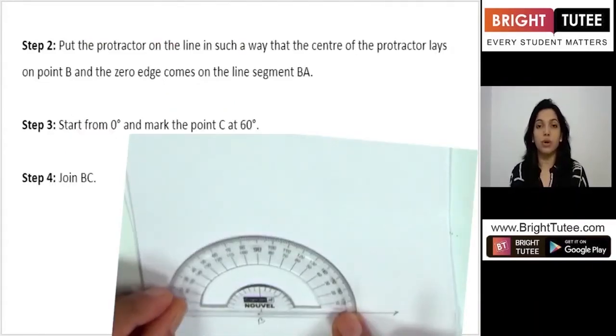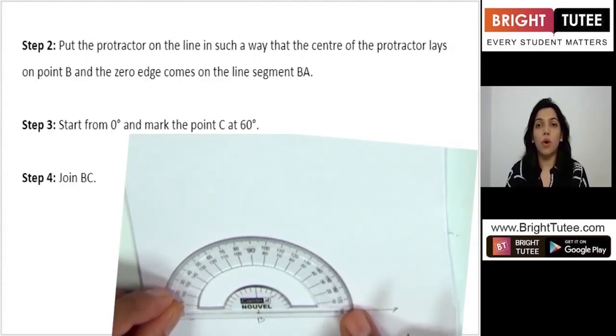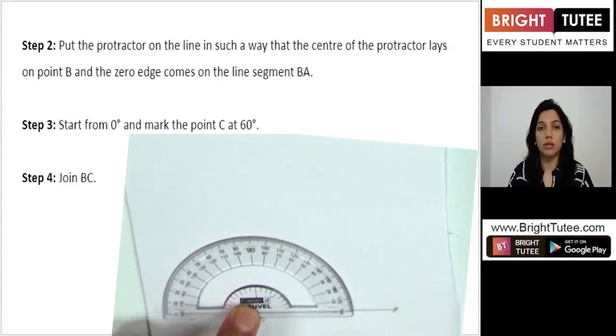Now what you do, you put the protractor on the line in such a way that the center of the protractor lies on point B. One of the end points, you need to make sure that you put the center of the protractor at one of the end points of the line segment. And then the zero edge comes on the line segment BA. So here you can see this particular line BA.